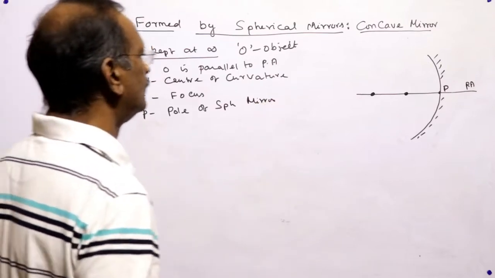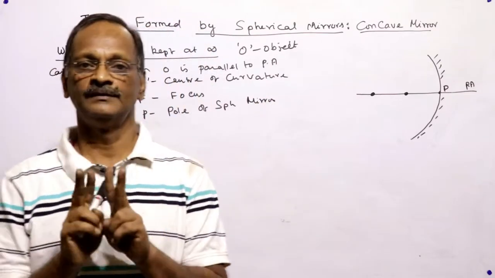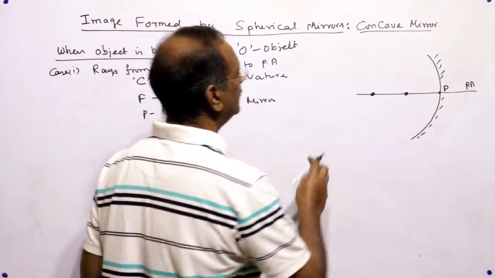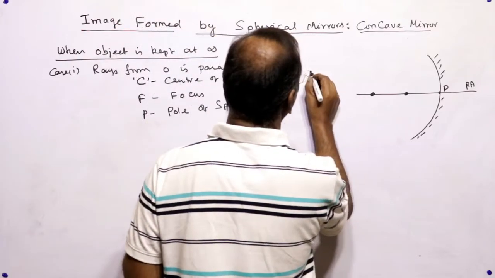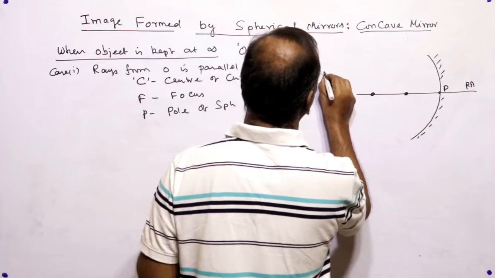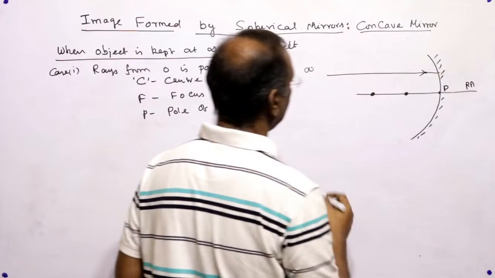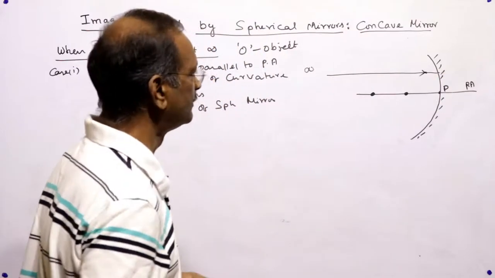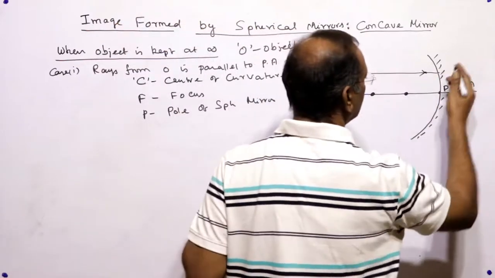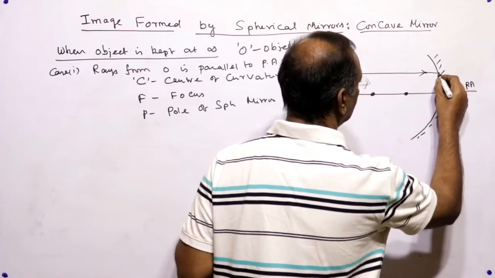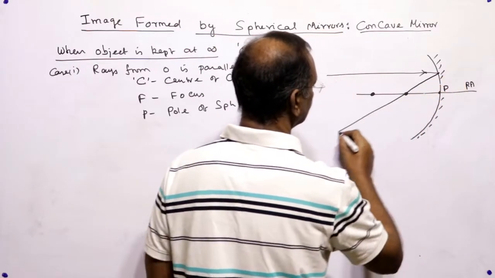Now we need 2 rays to trace the image of the object. The rays are coming parallel to the principal axis from infinity. When the rays are parallel to the principal axis, after reflection from the concave mirror, they will pass through the focus.